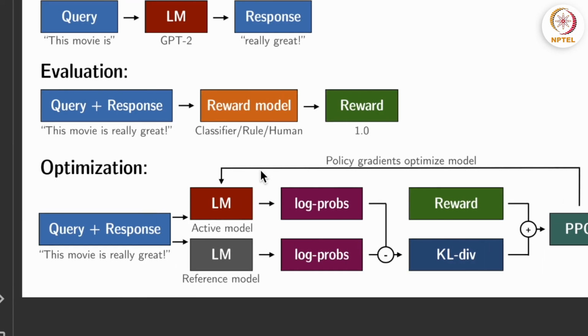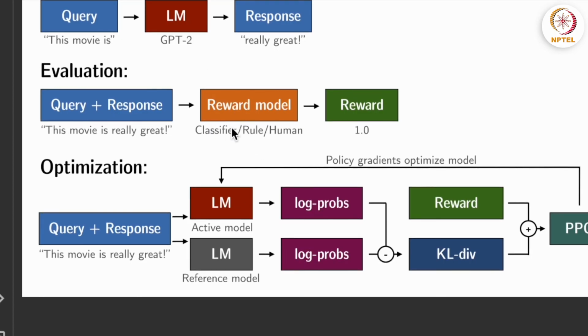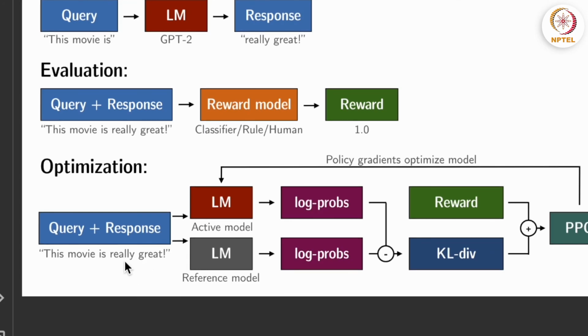So how PPO works is it performs optimization. Here in this case we have an active model, that is the GPT-2 model, and we have a reference model which is a classifier model. We give the input query, that is, the movie is, and then we expect the active model to generate the response. In this case it could generate really great, or the movie is awesome, or it could also generate the movie is very bad, right?